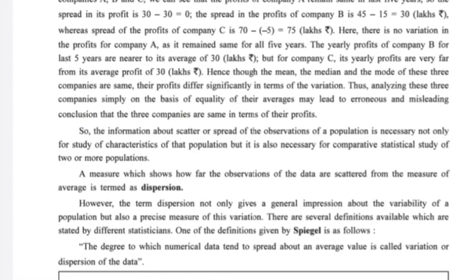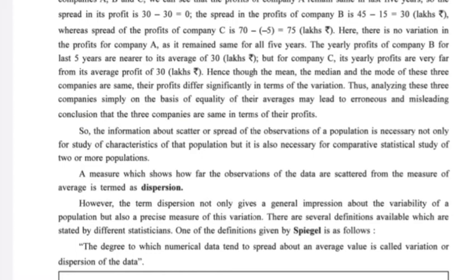Five examination marks such as 48, 46, 50, 62 and 44. Suppose he scores 50 on average. Now what is this dispersion all about? Dispersion shows how far all the observations are scattered from the average. Means what?